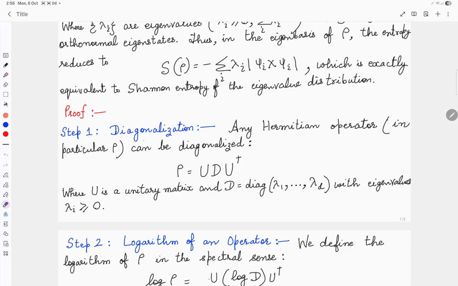In the proof, the first step is the diagonalization. Any Hermitian operator can be diagonalized, and we know that ρ is a Hermitian operator. What is a Hermitian operator? The adjoint of the operator is equal to the operator itself.